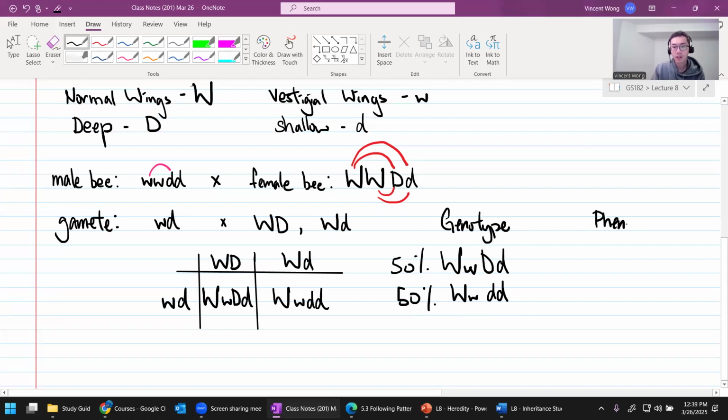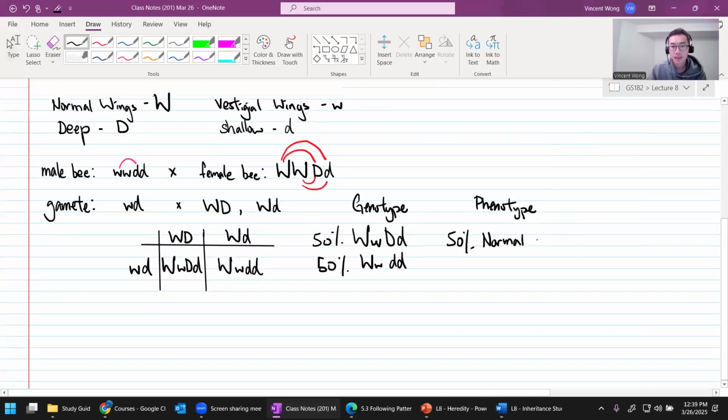And as for the phenotype, it will be 50% normal wings and deep pollen sacs, whereas the other one is also normal wings, but shallow sacs.